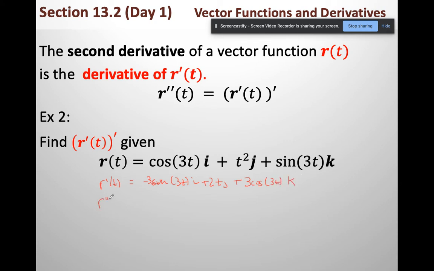So what is our r double prime? NBD. Or in component form. Good.